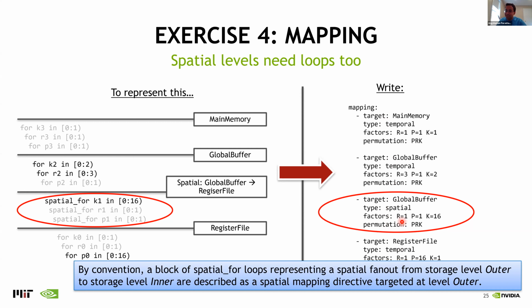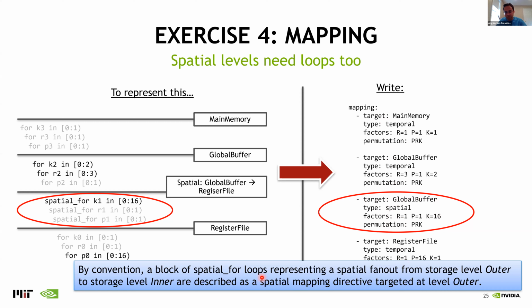The effect of that syntax is very different, though, right? So what this is going to do is map k equals 16 across that spatial fan out. I'll show that to you in a moment on the next slide. But I just want to point out one more thing: notice the target for this loop, it's the global buffer.